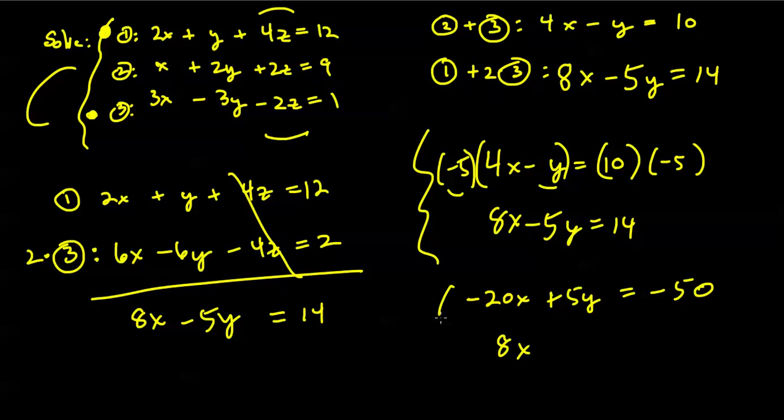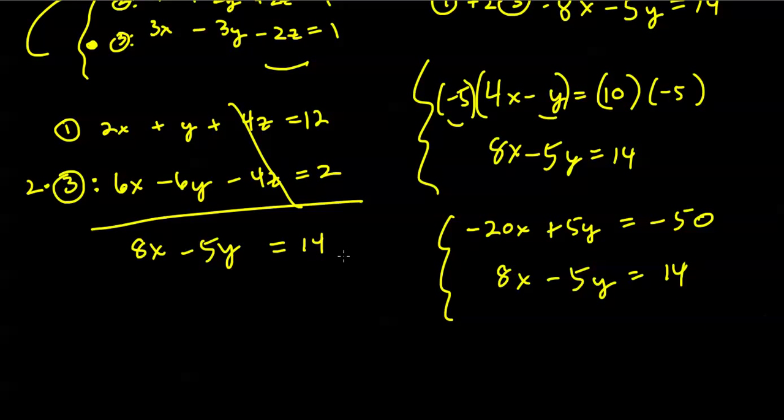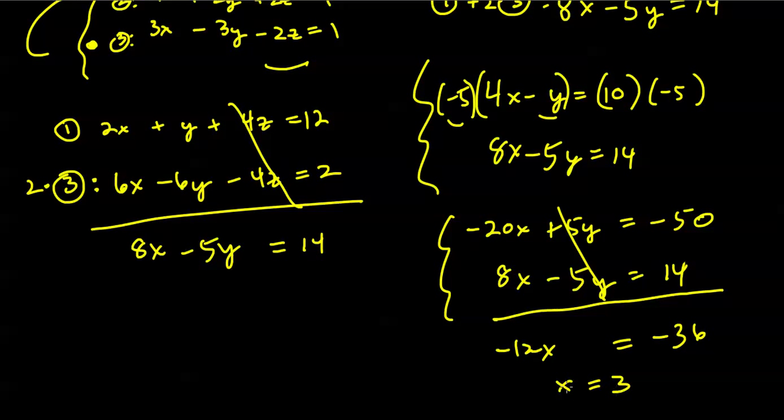The second equation I won't do anything to. Now I'll add these two equations. I'll get minus 12x, the y's cancel out, equals minus 36. If I divide both sides by negative 12, I get x equals positive 3.